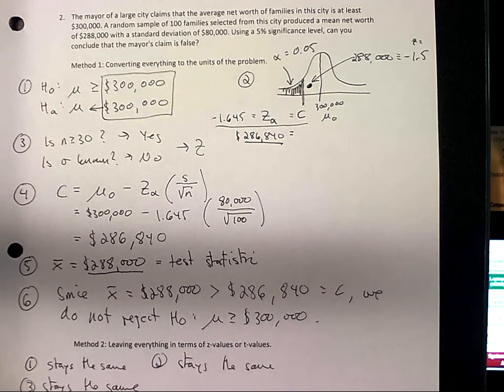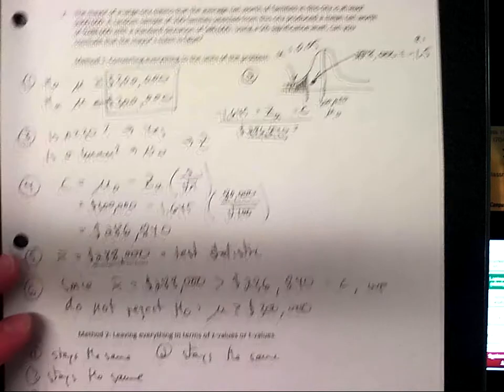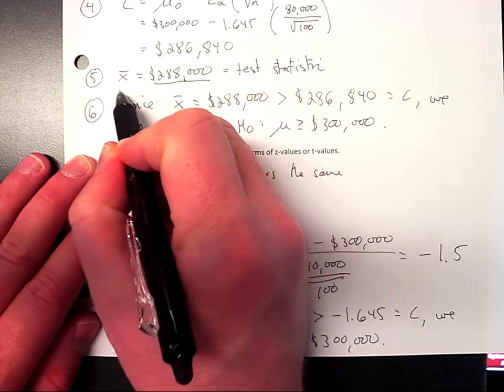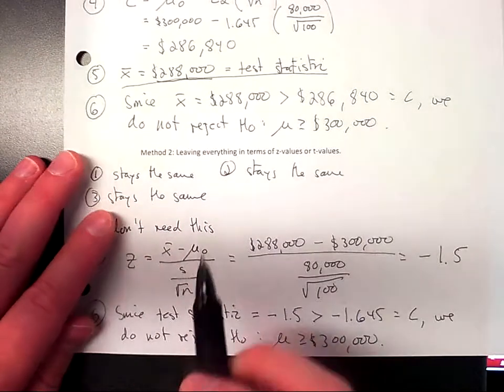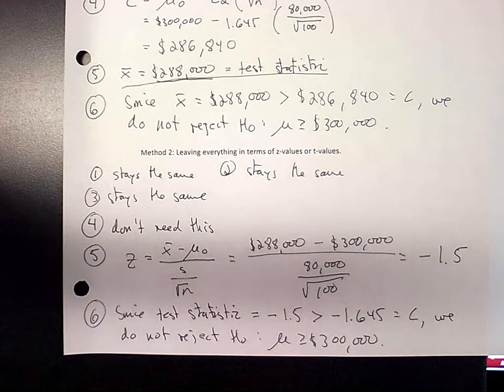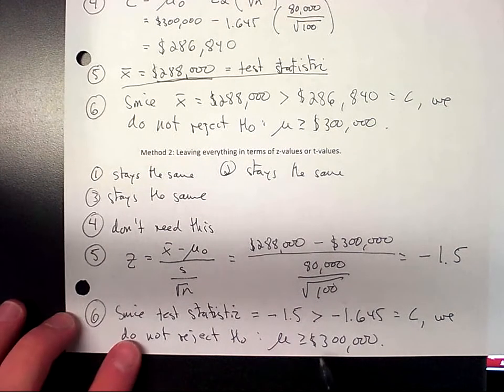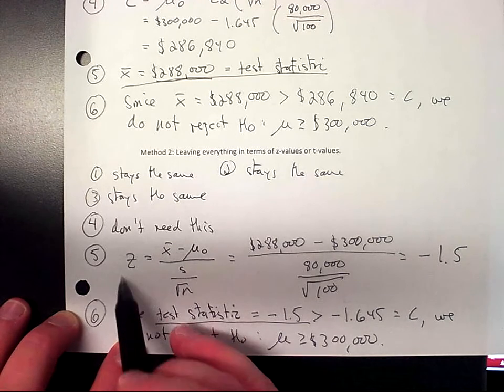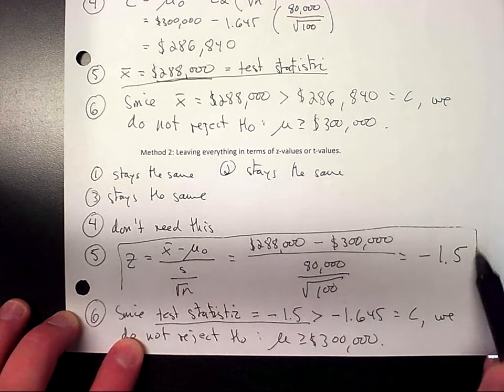That's why we're calling one C and the other one C prime, so we always know which one we're talking about. But what we're doing here, too, is if you think about it, right here, we're calling $288,000 our test statistic, because we're using that to test our hypothesis. But we're also calling this number down here, the negative 1.5, our test statistic.